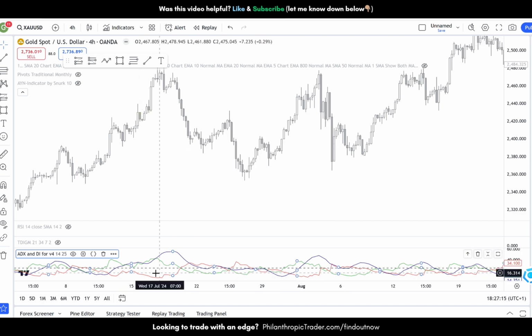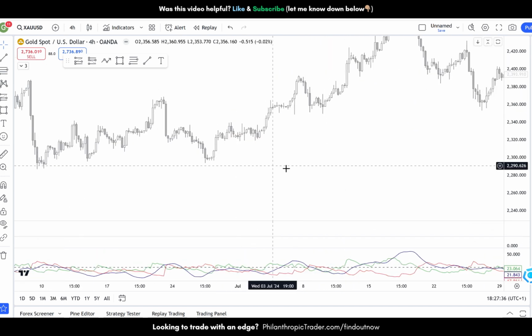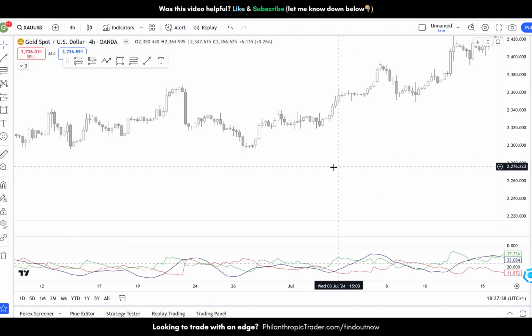So when the blue, is it blue? Yeah, it's blue. When the blue line is above the dotted line, which is set at 25, then the trend is stronger. And when the green is above the orange line, then yeah, we're looking for bullish trades, bullish opportunities.